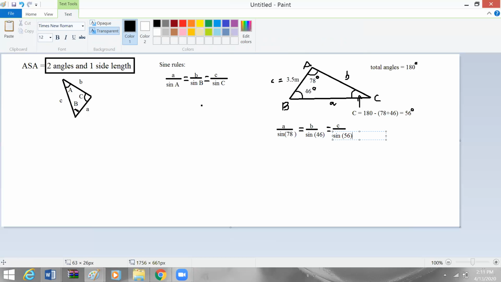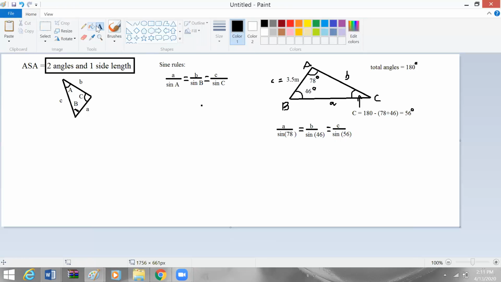The 56 is something that we just did, and remember all of that is in terms of degrees, making sure that we don't get confused with the radian. It doesn't matter which one we use, but since the question gives us degrees, we have to stick with degrees.